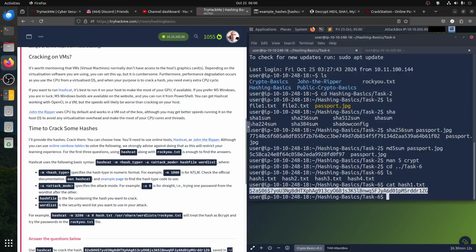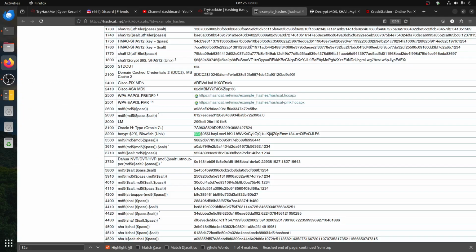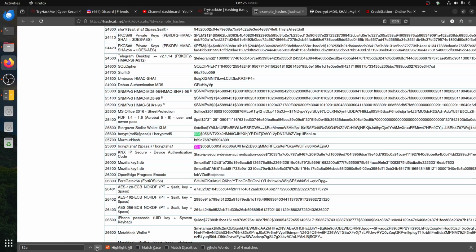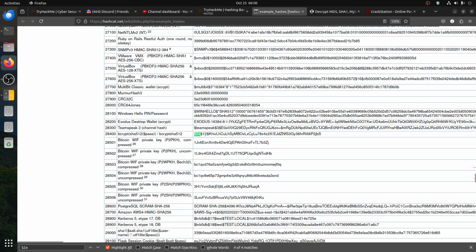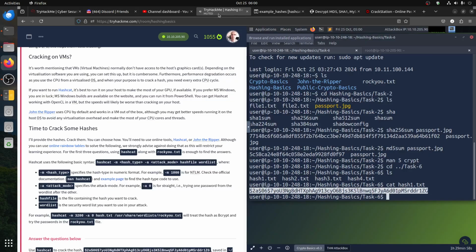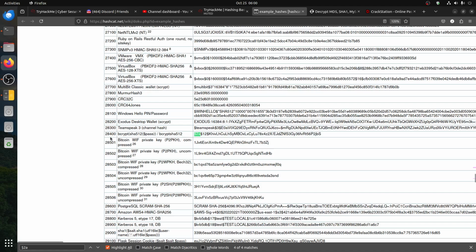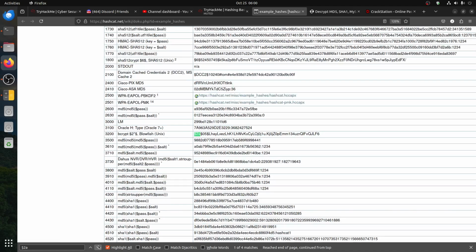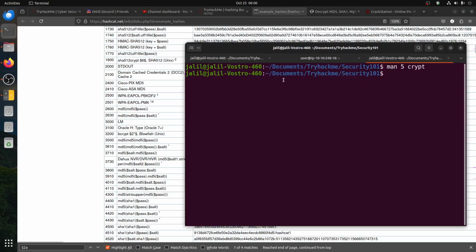So it's bcrypt 3200 or one of these. I'm not sure which one we should use. This one looks straight like ours. This is 28400. This one also looks more like ours. 3200. Yeah, okay.